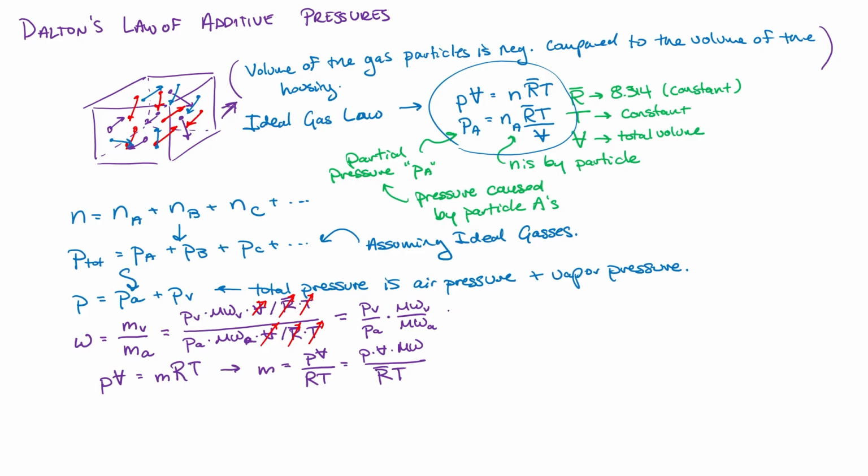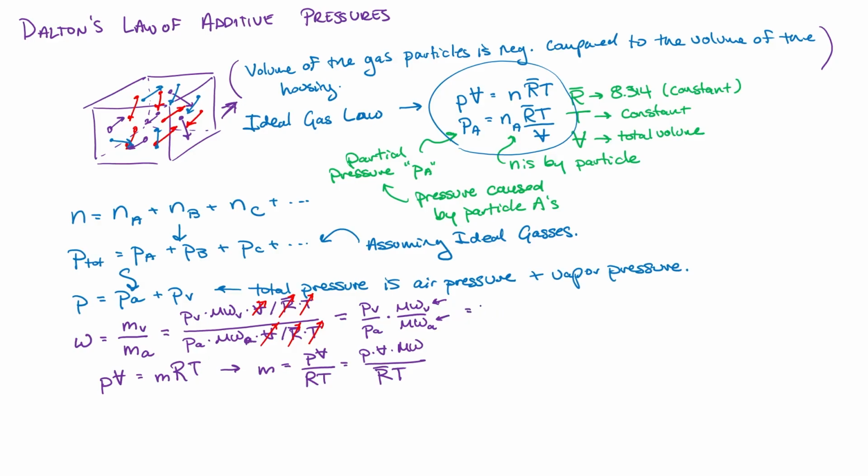And that is the same as saying these two values are constants. We can look them up in table A1 of your Fundamentals of Engineering Thermodynamics tables. I'm currently using version 9 of this, but it's table A1 for those that has our molecular weights.